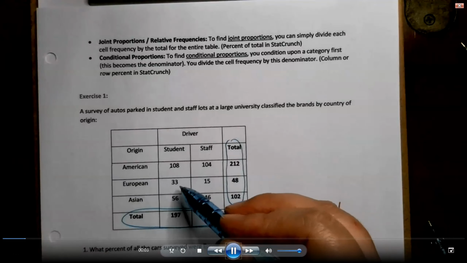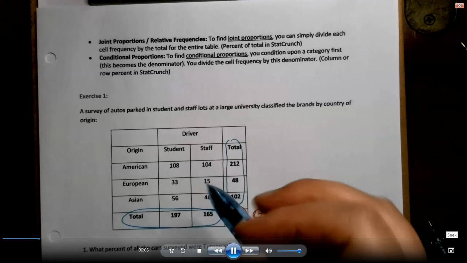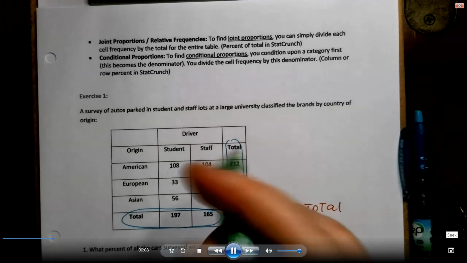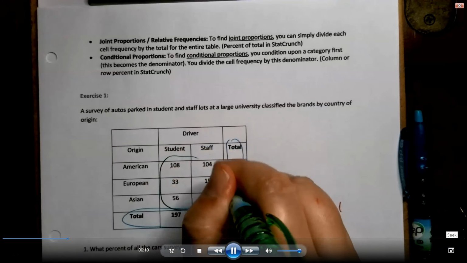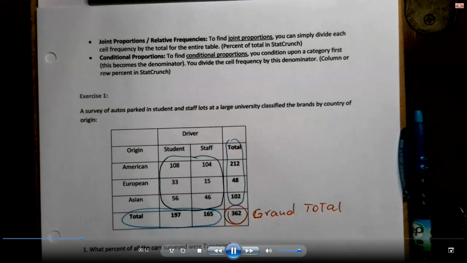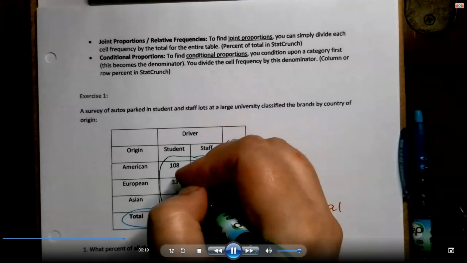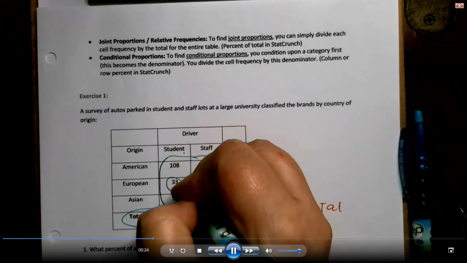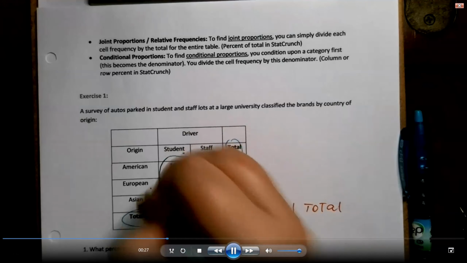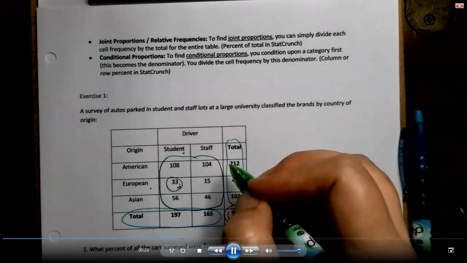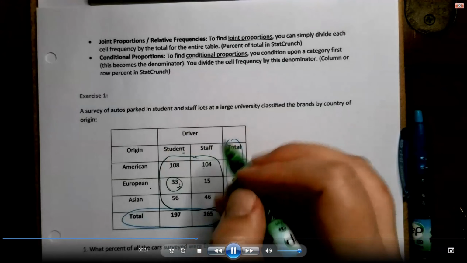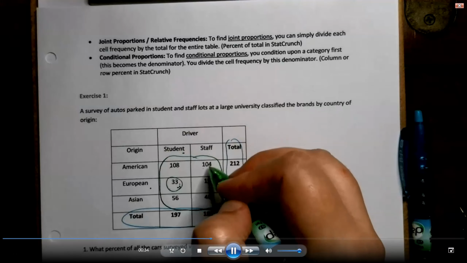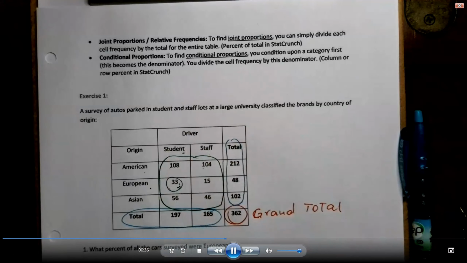And the inner cell frequencies right here are called joint frequencies because they represent the two variables together. For example, 33 represents the number of students that drive a European car, and 104 represents how many staff members drive American cars.